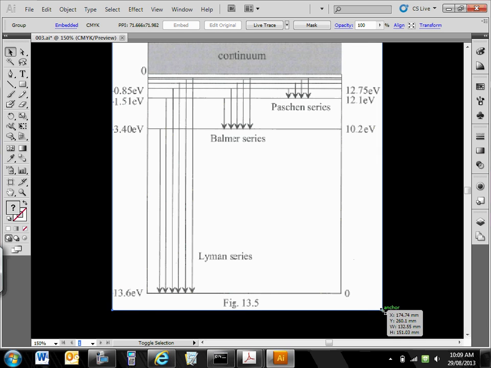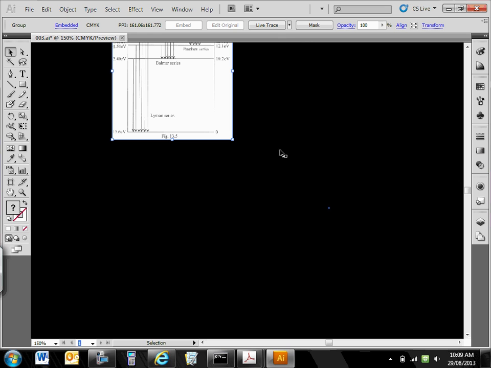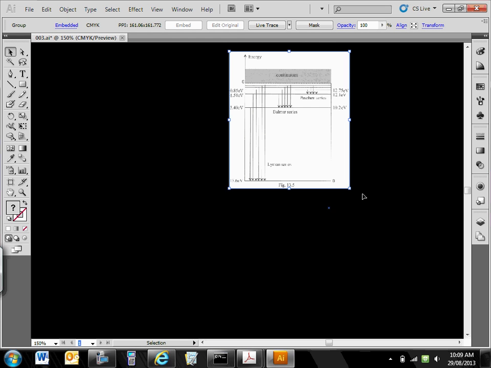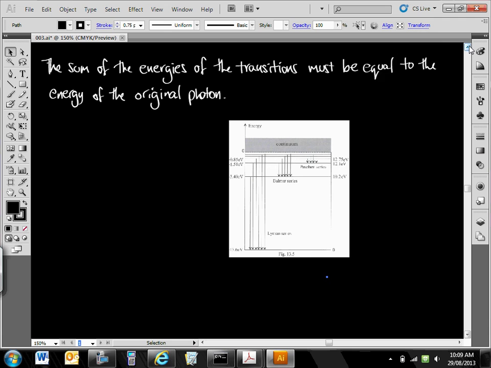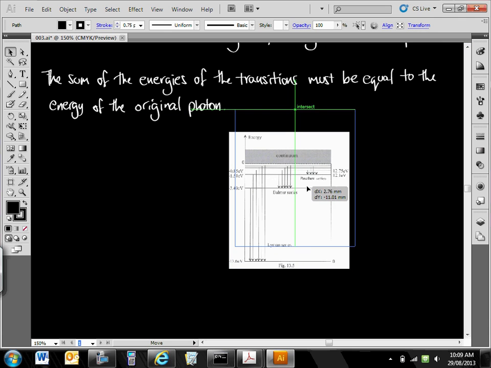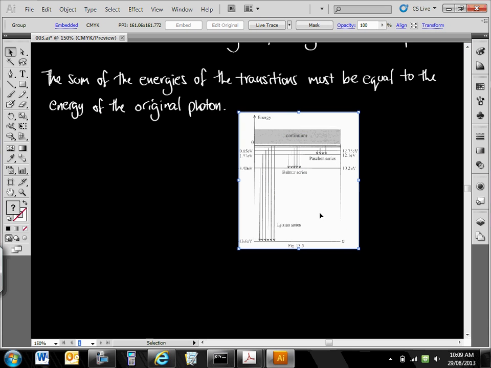Now, I hope you know this diagram because I'm going to make it quite small now. There's something that I need to qualify, something that I don't feel I made clear enough. Now this is an atom, isn't it? You could imagine this is a hydrogen atom.